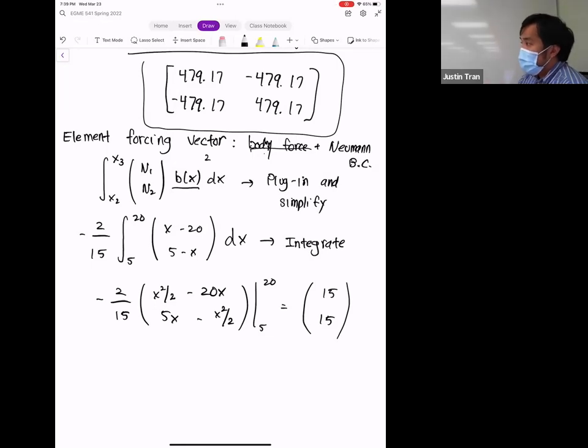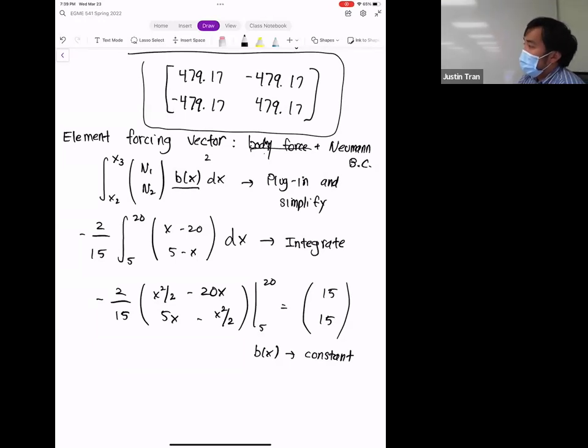Right. So notice that we get kind of a constant. You can see that we have the same body forcing values for both nodes, and so you have 15 and 15. That makes sense because our body force in this term, b of x, is just simply constant all throughout. We might have problems later on where our body forcing is variable.